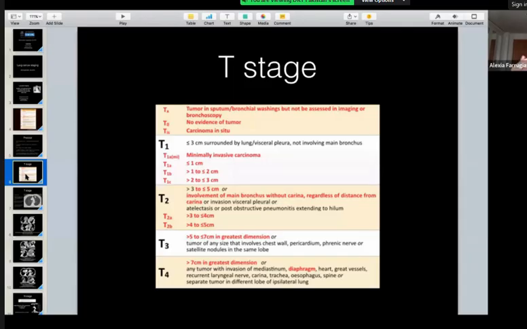So clearly the T3 and T4 are obviously more invasive than the T1 and the T2 tumors. T4 tumors are the most invasive.